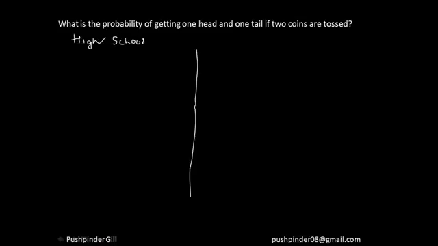It says two coins are tossed. So the sample space is going to be: either you can get a head and another head, or first as head and second as tail, or first as tail and second as head, or both tails.